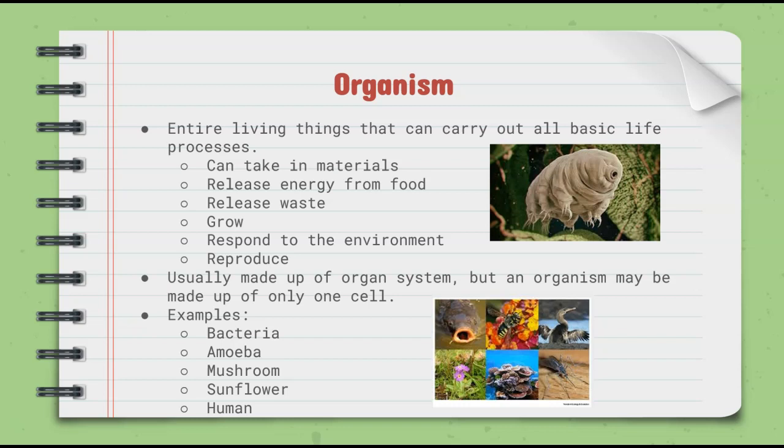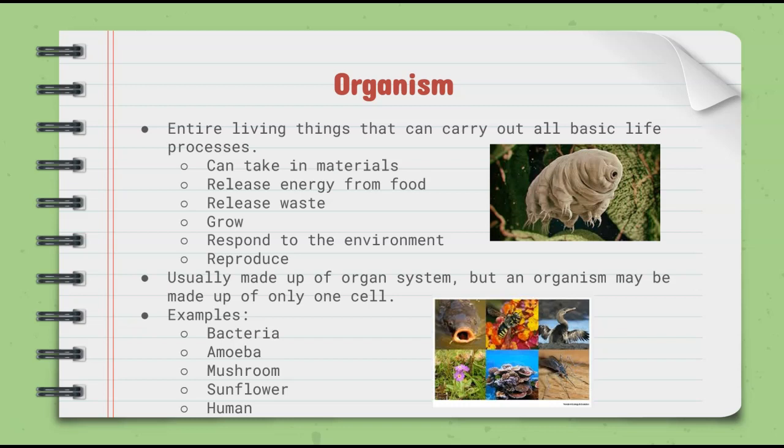Usually, organisms are made up of organ systems, particularly multicellular organisms, such as humans, horses, fish, trees, insects. But some organisms can be made up of only one cell. These would be the microscopic organisms such as bacteria and amoeba. We will talk about amoeba, which is a type of protist, later in the year.